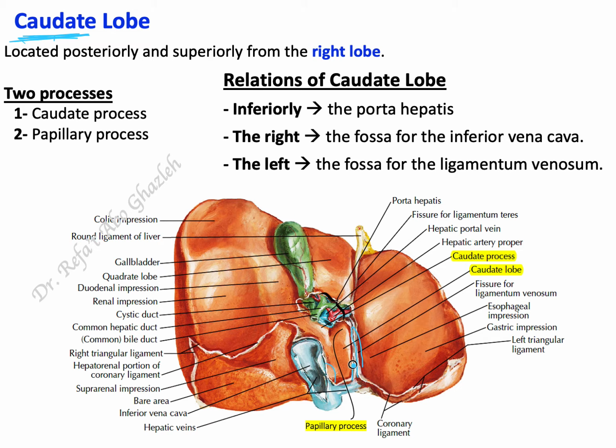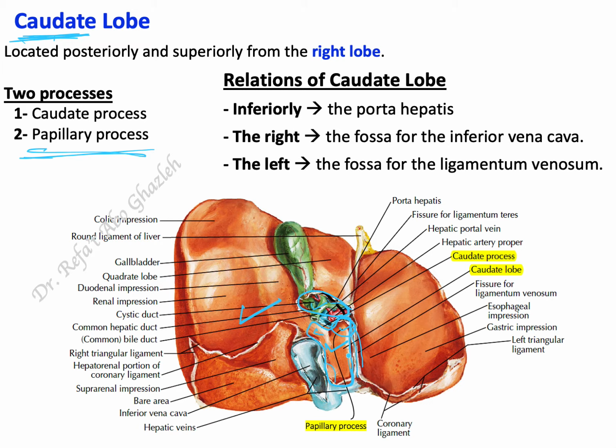This is the caudate lobe, right? So it has two processes. One is nipple-shaped, called the papillary process. Here is the papillary process that is directed toward the porta hepatis. And it also has the caudate process, this one, that connects the caudate lobe to the right lobe, right?